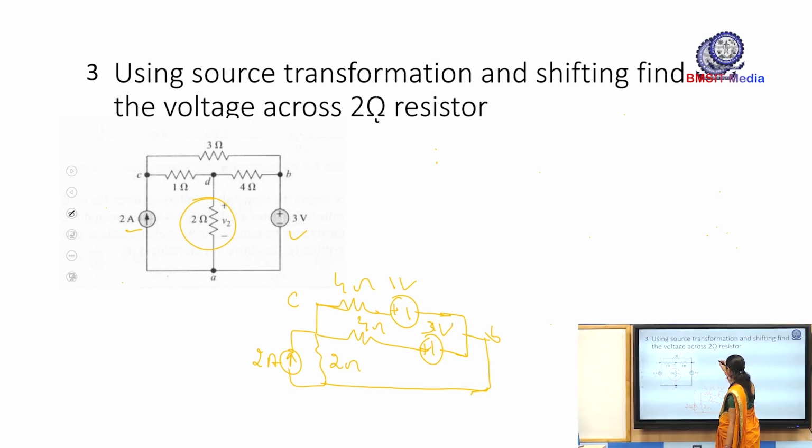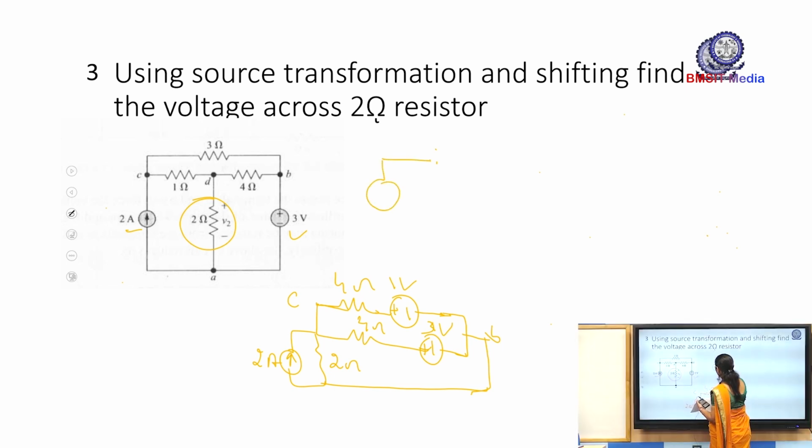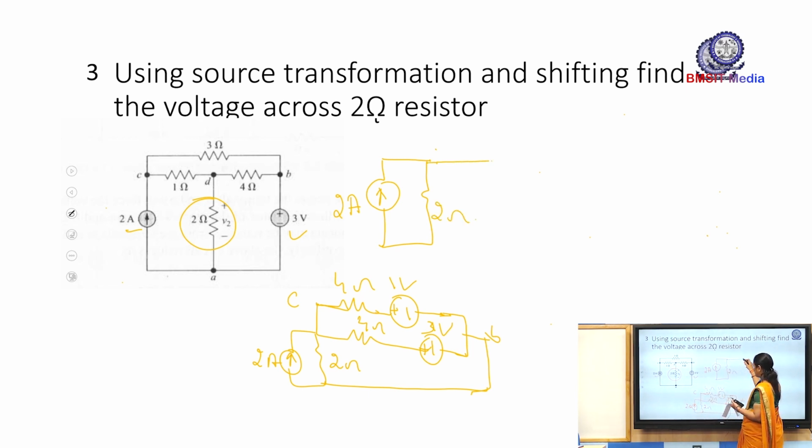So here again, after reducing this by applying the source transformation, you have 2 amps as it is, 2 ohms, because we need to find the voltage across the 2 ohms. Okay, that is retained as it is.